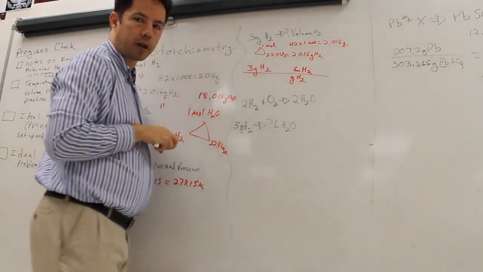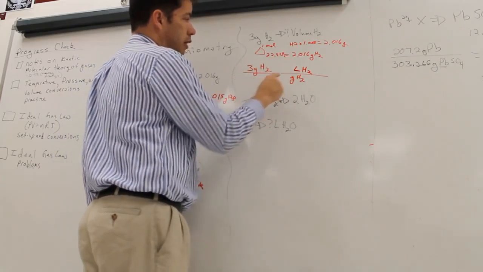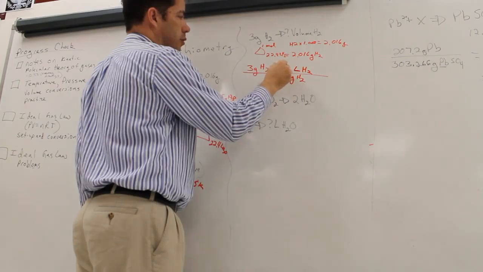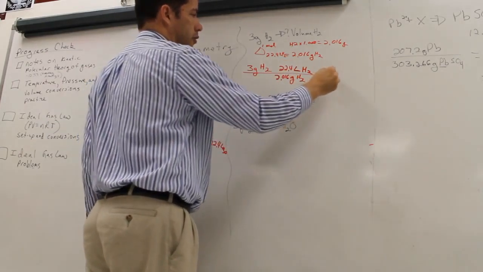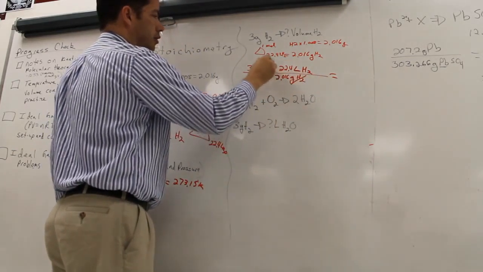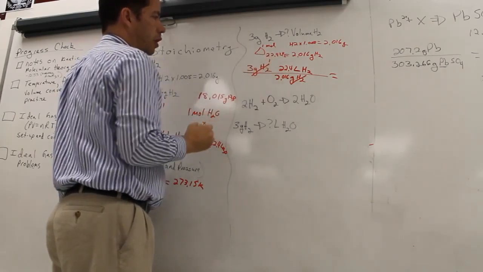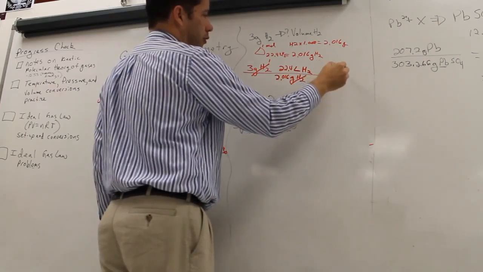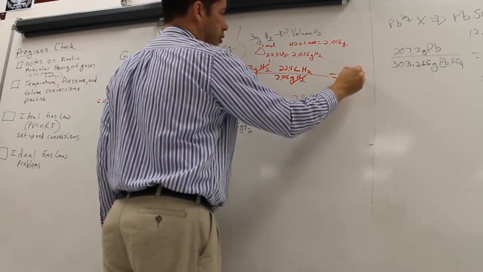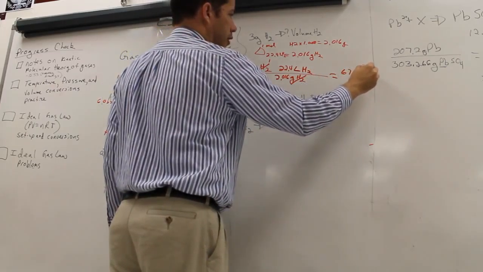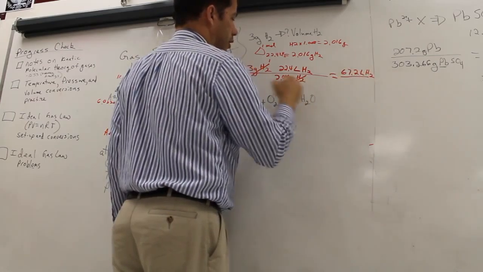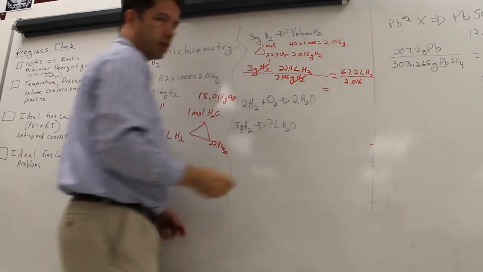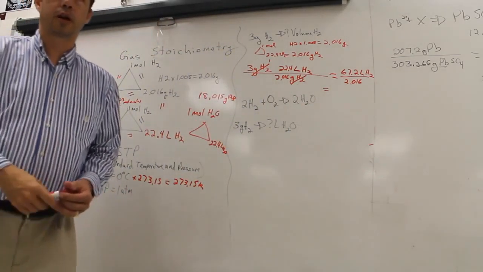Now I'm going to plug in my numbers. So the numbers say 2.016 grams and 22.4 liters. Grams H2 cancels to 1. 3 times 1 is 3. 3 times 22.4 is 67.2 liters of H2 divided by 2.016, which is equal to, let me pull out my calculator.